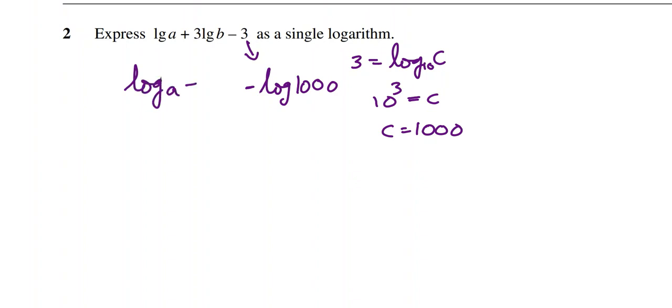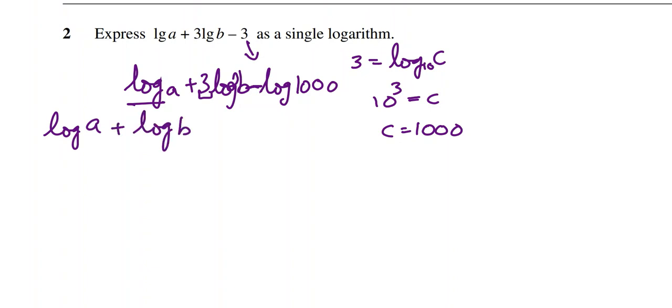Log A plus 3 log B and minus log 1000. But the problem here is we can combine logs only if there is no coefficient. So let's remove this 3 by using logarithmic law. What will happen? That log A remains log A, but this 3 becomes the exponent of its content.